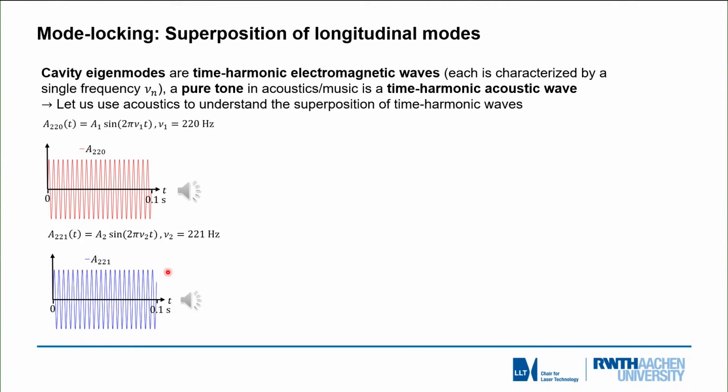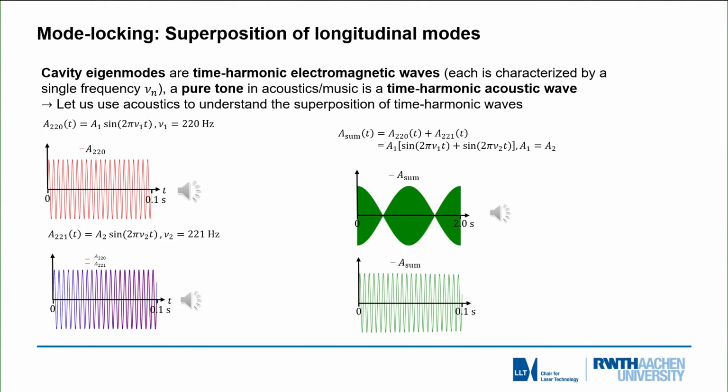Now what happens if we superimpose the two sounds? And then, of course, we get a mix of the intensity, and the result will be what you know as mode beating. It will be a change of intensity over time, and you can listen to it.